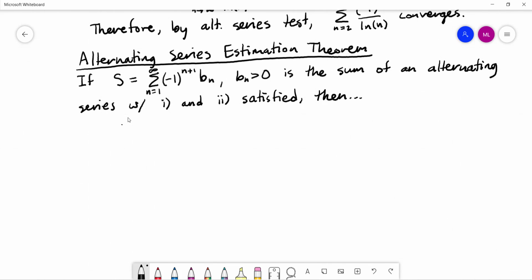the residual, which is the error basically, what we called R sub n in that previous video. I'll put absolute values around it because we aren't going to know if we're overestimating or underestimating, just how far off we are. So R sub n, which is the difference between the true value and the nth partial sum after we've truncated, is always going to be less than or equal to b sub n plus 1.